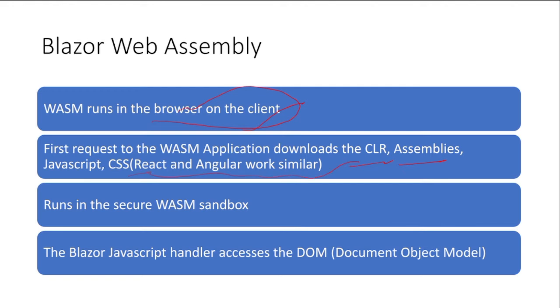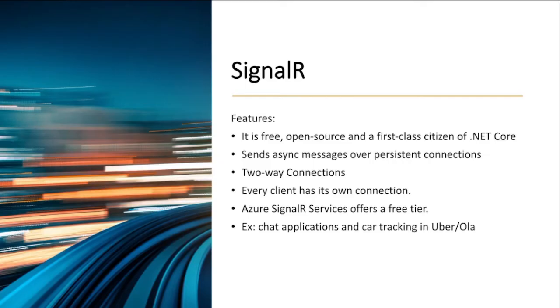Whenever we want our WebAssembly application to be secure, we go with the WebAssembly sandbox. Here there is no need for any JS interoperability to access the document object model, because by default it uses a JavaScript library, so JavaScript handlers can access the DOM.